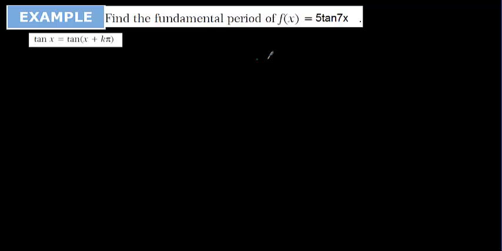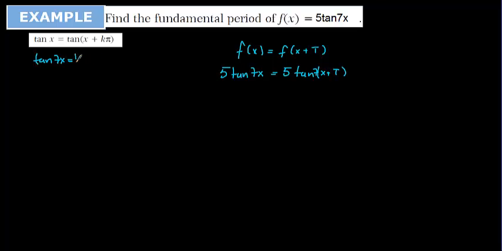For 5 times tangent 7x, we are going to apply the same formula again. f(x) is equal to f(x plus T). So 5 times tangent 7x is going to be equal to 5 times tangent of 7 times (x plus T). Here tangent 7x is equal to tangent of 7x plus k pi at the same time, so I can replace 7x by 7x plus k pi.